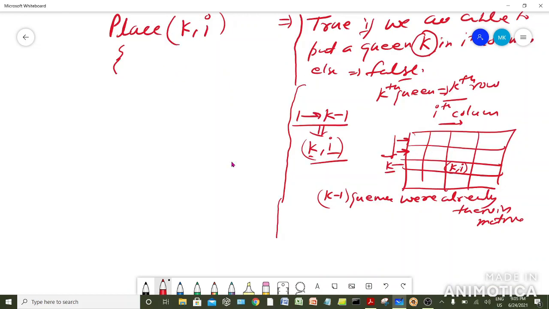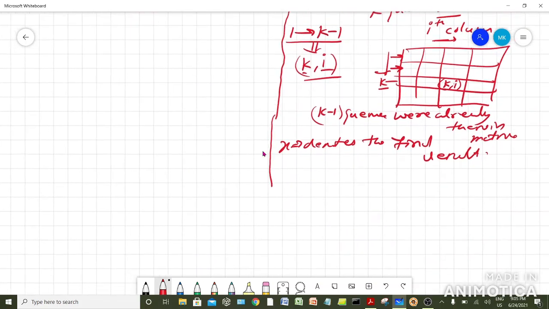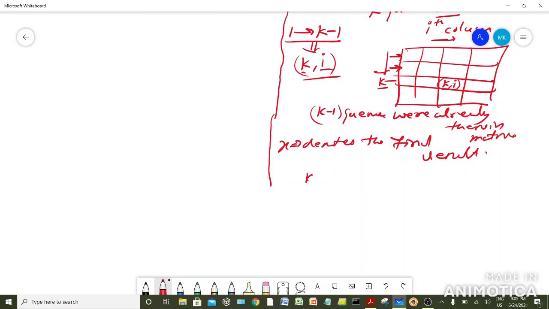And let the x vector denote the final result. It means if you are trying to place a queen at the k, ith location, then queens 1 to k minus 1, or you can say the rows, were already filled.